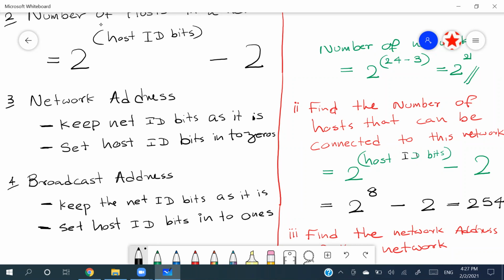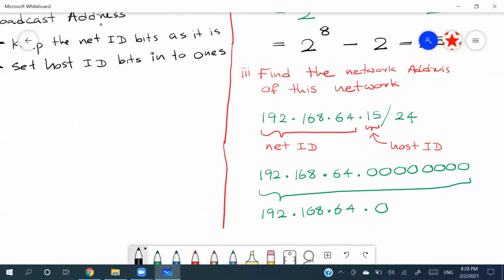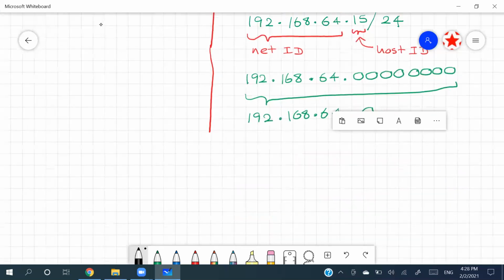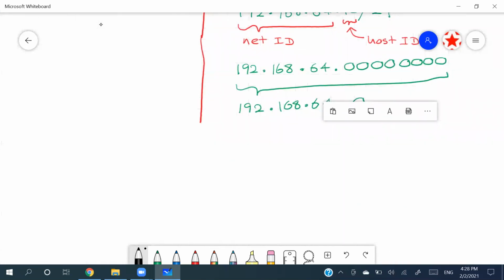So according to that, I'm going to ask the next question: find the broadcast address of this network. You are going to keep your net IDs as they are and change your host ID bits into ones. So the host ID will have a series of ones. Here there were 8 zeros; now when forming the broadcast, the host ID has 8 ones for this question. So then you can have an idea how it's going to be.